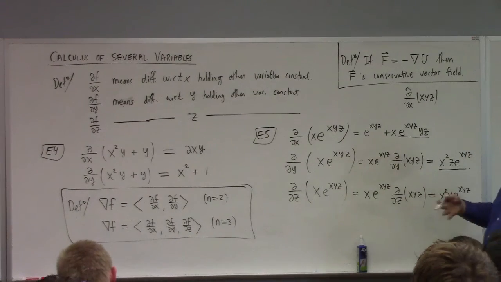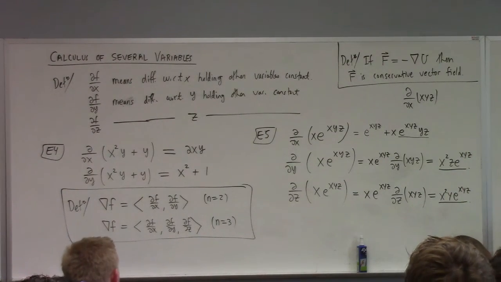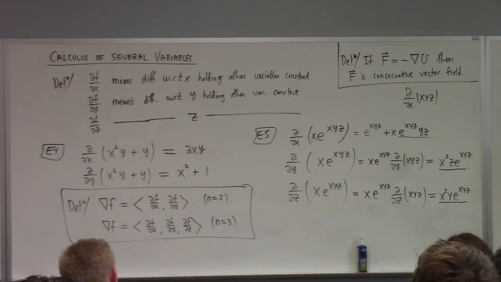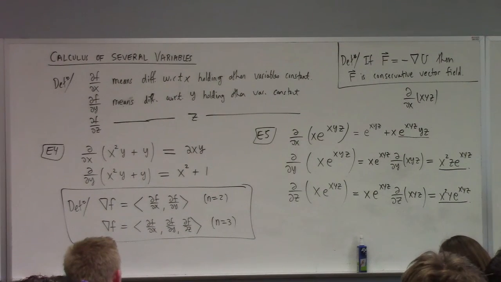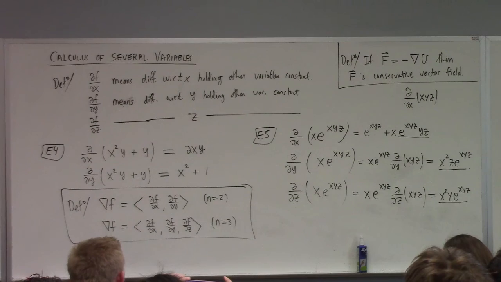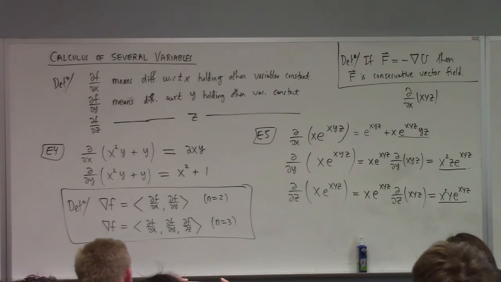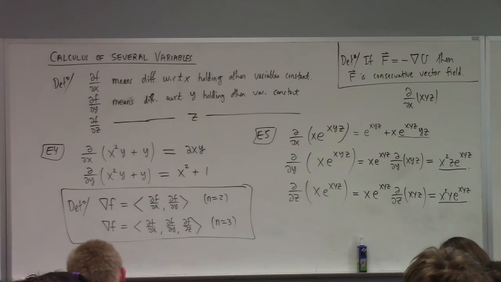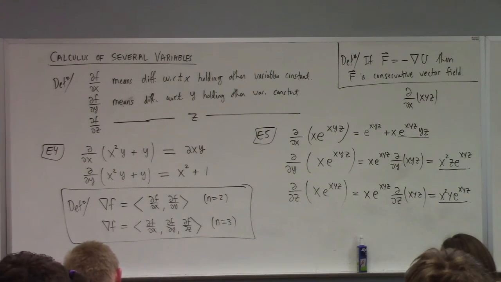I'll state that more carefully next class, but that's basically it. If the force can be written as the gradient of a potential energy function, there's a minus out front because this is physics. It turns out that if that's the net force, then there's something called the total energy, which is conserved.